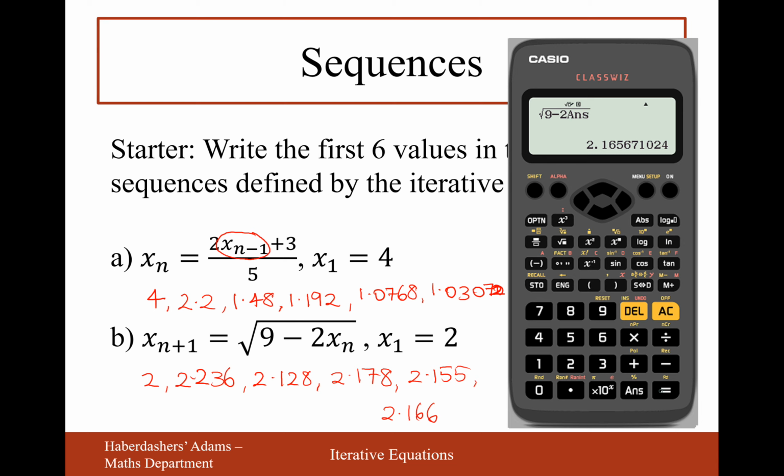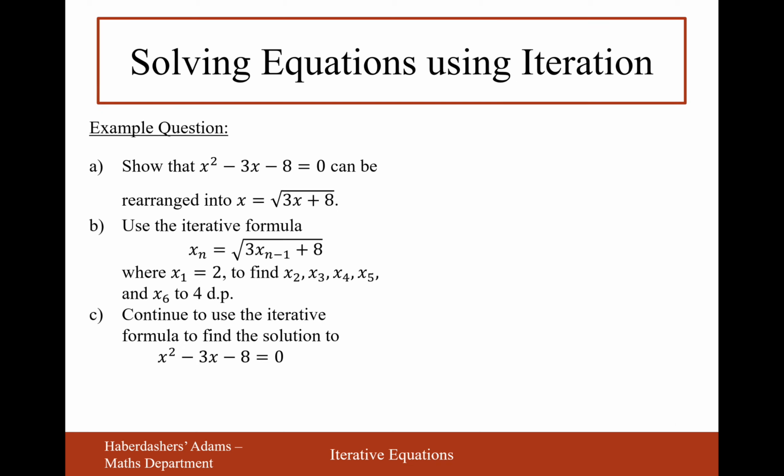If you were just to keep on pressing the equals button here, what you'd probably find is that it ends up looping around to the same number over and over again in the sequence. So that's what we're going to use to help us solve some equations.